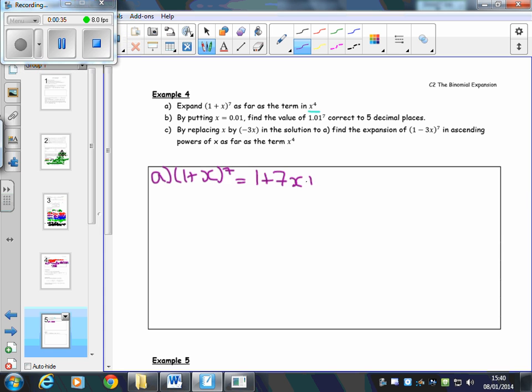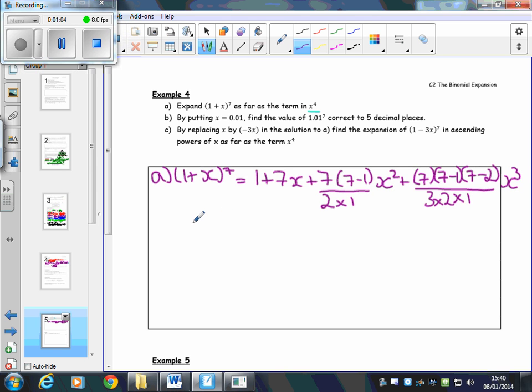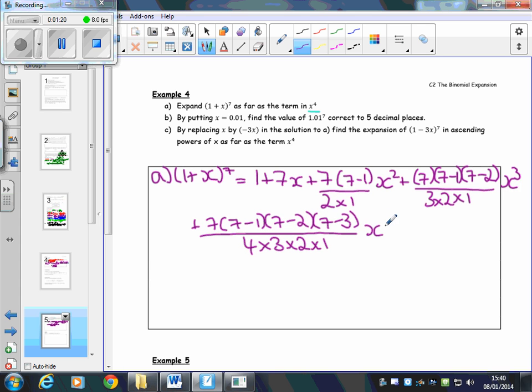7x plus 7, 7 minus 1, divided by 2 times 1, x squared, plus 7, 7 minus 1, 7 minus 2, over 3 times 2 times 1, x cubed, plus 7, 7 minus 1, 7 minus 2, 7 minus 3, divided by 4 times 3 times 2 times 1, x to the power of 4.